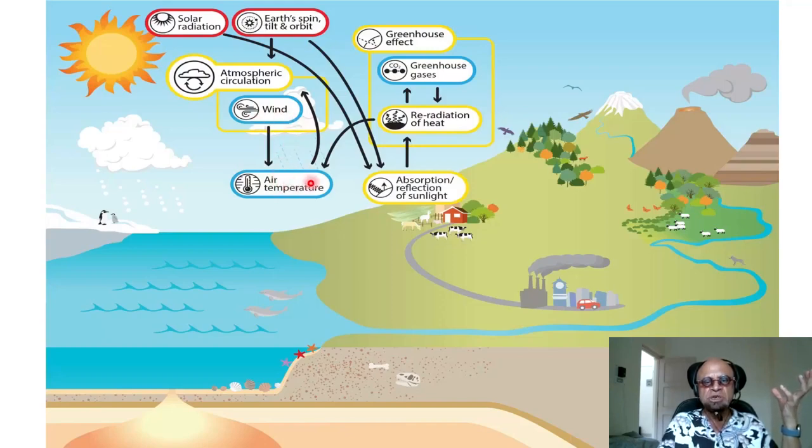If temperatures change, that's going to affect clouds, and then you have re-radiation, so you have heat, thermal energy being created that's trying to escape to space, and you have greenhouse gases which are trapping that energy. So you have the greenhouse effect, which also affects the temperature, which then affects the evaporation and water vapor in the air and the clouds, and then the winds. So these feedbacks, these arrows are running back and forth, and in this direction, and so on.